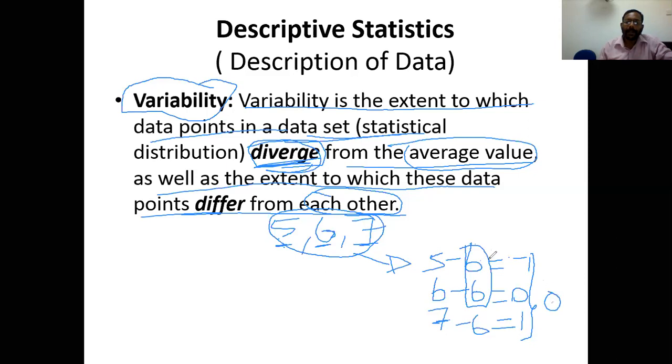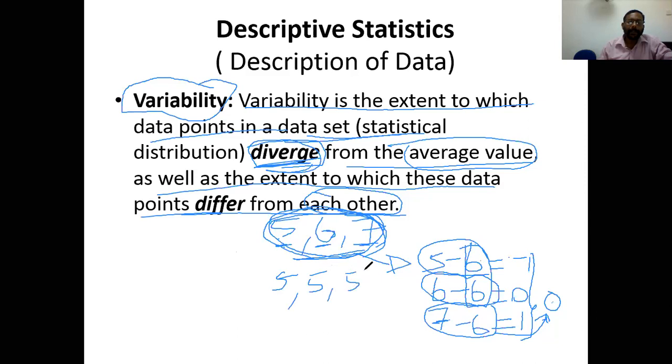Now, I simply get the variability of the first data, the second data, and the third data, which comes to 0 after adding. But by looking at the data, is there a variability among these data? Yes. What about this data?